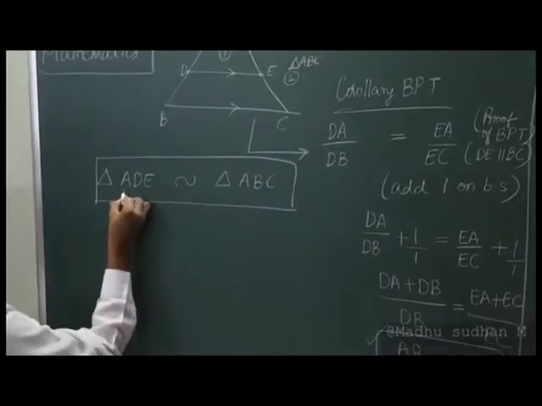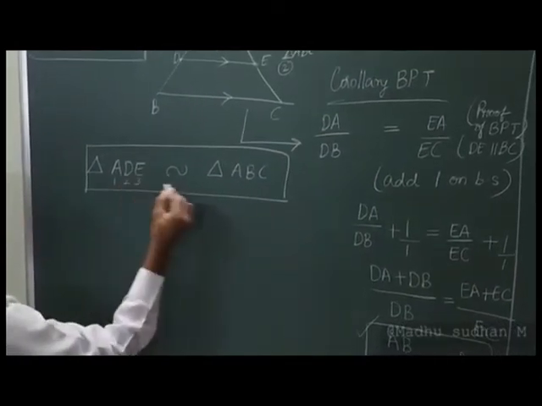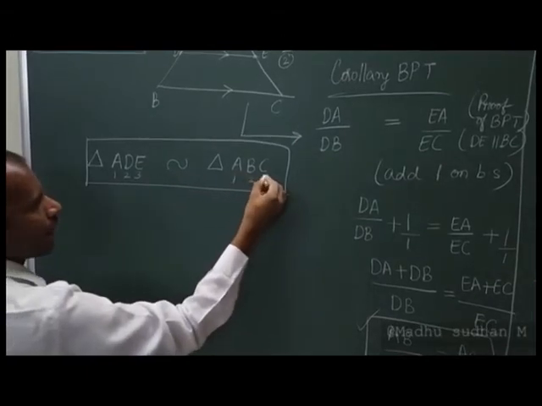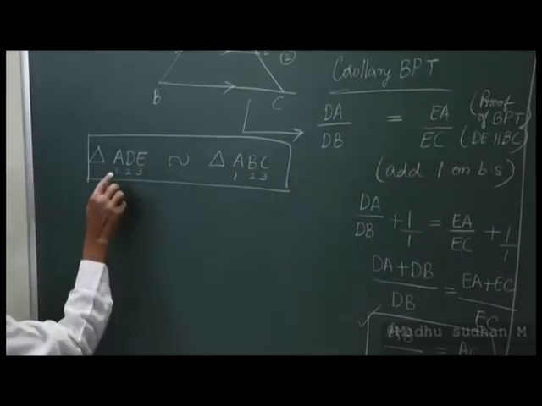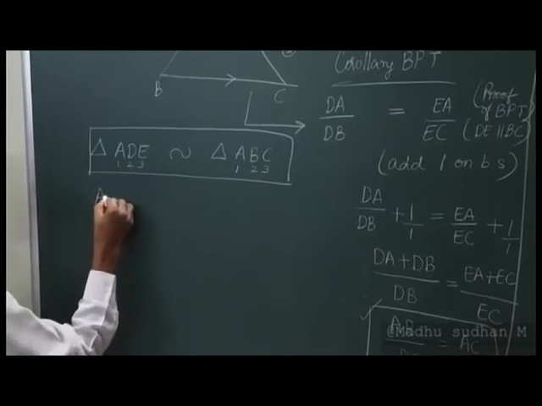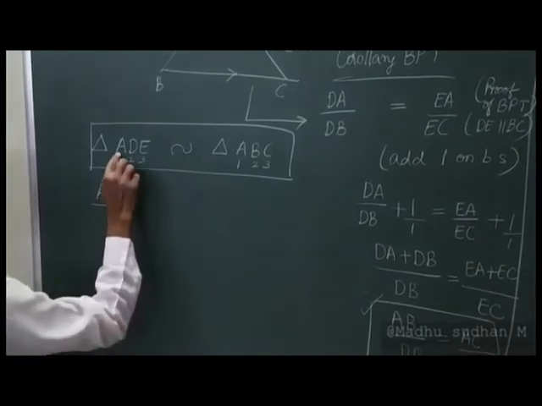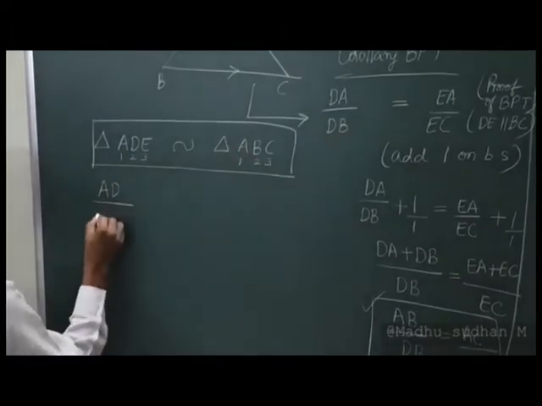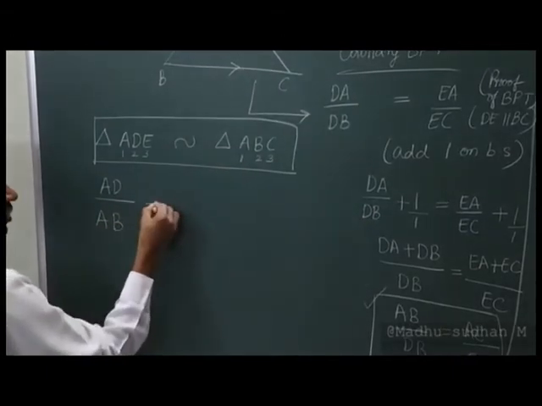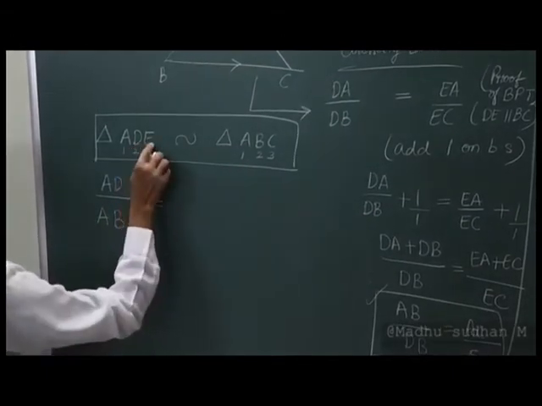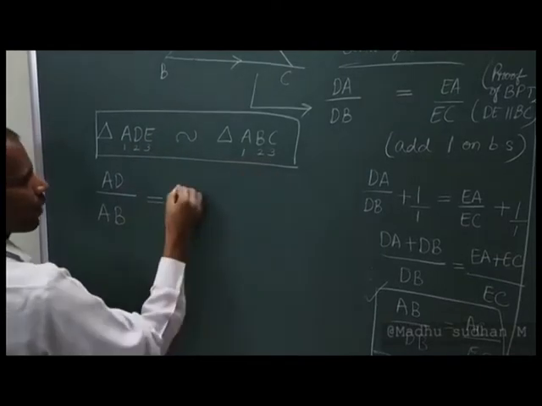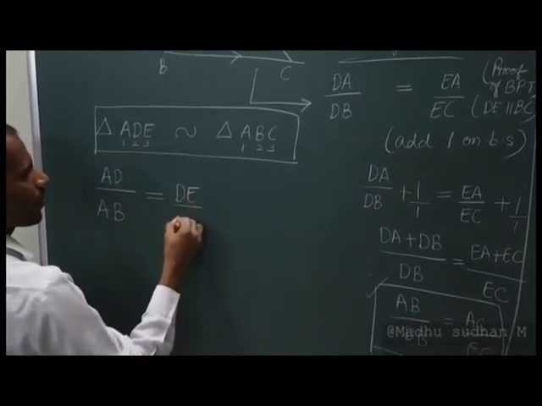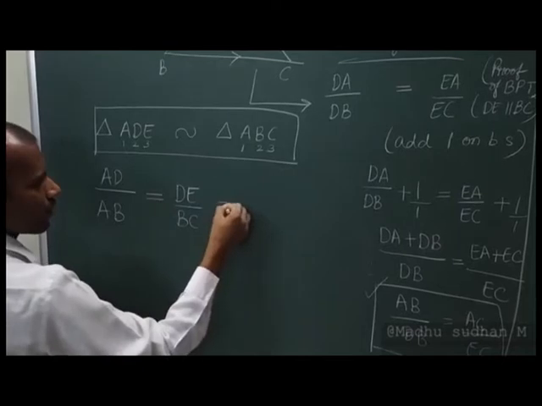So now let me write, this is 1, this is 2 and 3. Let me write the first two here. The corresponding sides are proportional, right? AD by AB, which is equal to DE by BC, the second and third, which is equal to what?